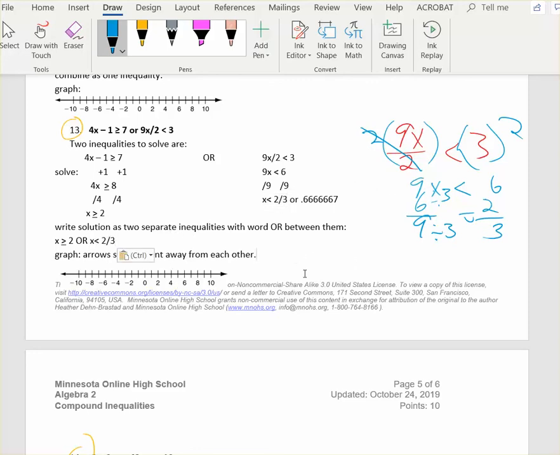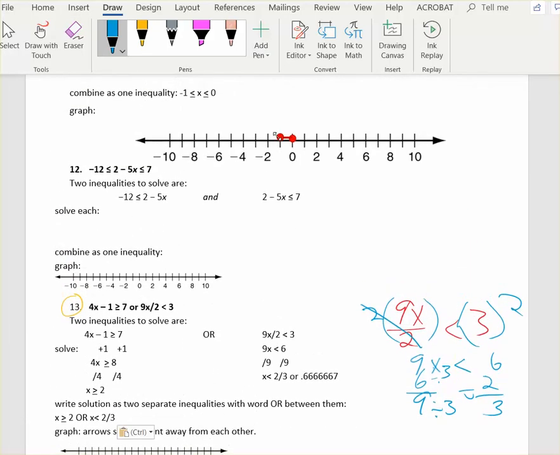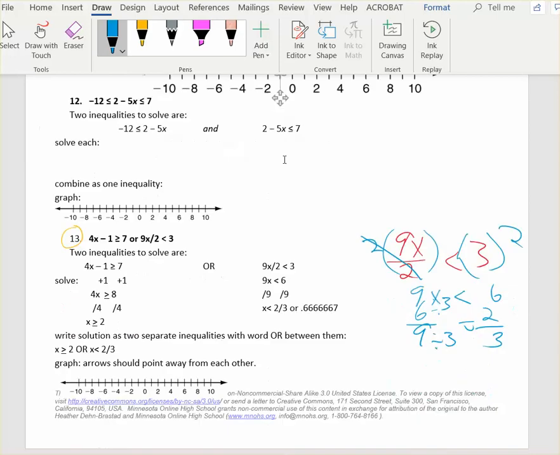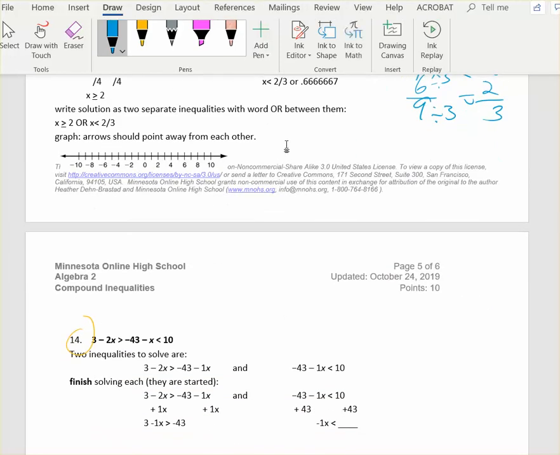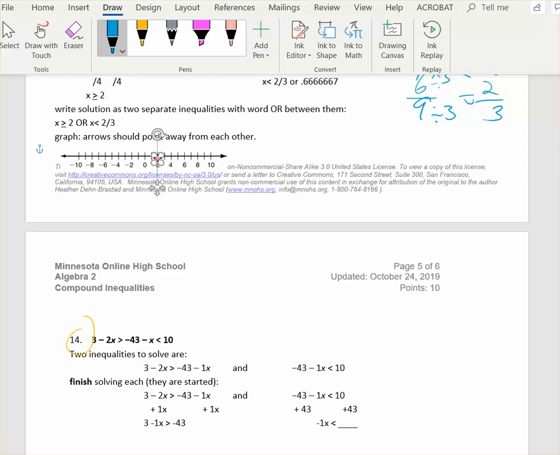And then we would graph this the same way we did, except instead of going ahead and inserting shapes and all that, I'm just going to go ahead and copy one of these circles, then come down here and paste it, and then I'm going to put it where it belongs. So greater than or equal to 2 would be right here.